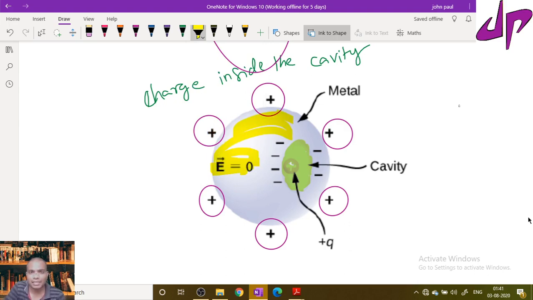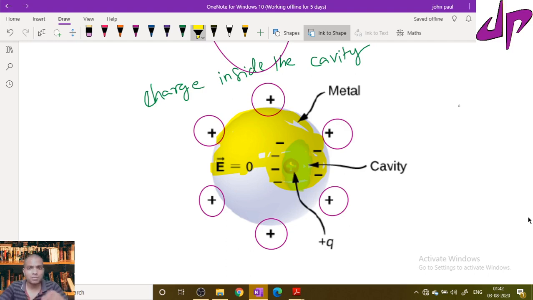If you calculate the electric field within the surface, that value becomes 0. Why? Because the positive and negative charges are balanced here. How much charge you kept inside, that much charge will be accumulated on the inside surface of the cavity. That's why the electric field within the surface goes to 0.